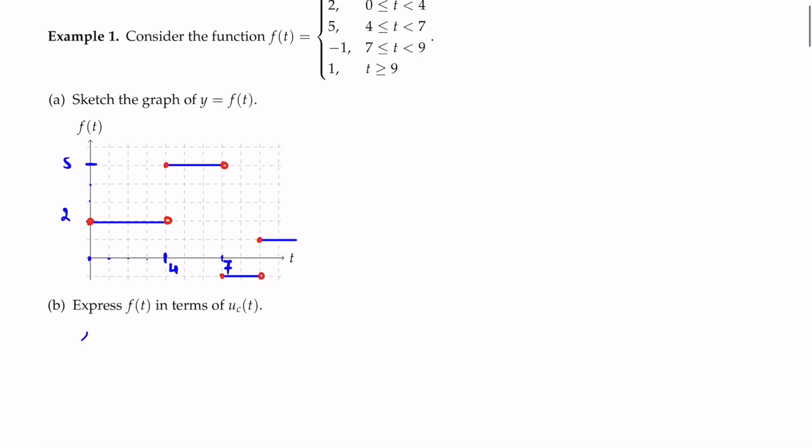Therefore, f1 of t is going to be 2 times u of t. U of t indicates that this is the unit step function, not a shifted unit step function.